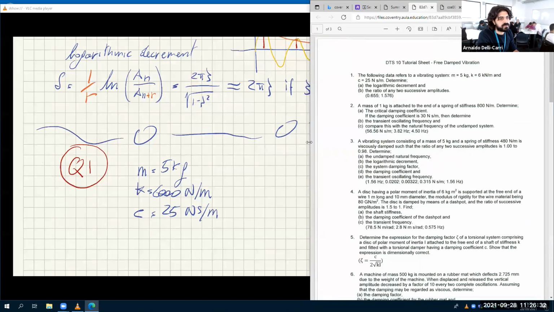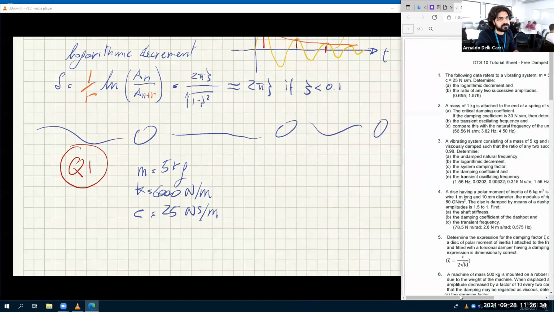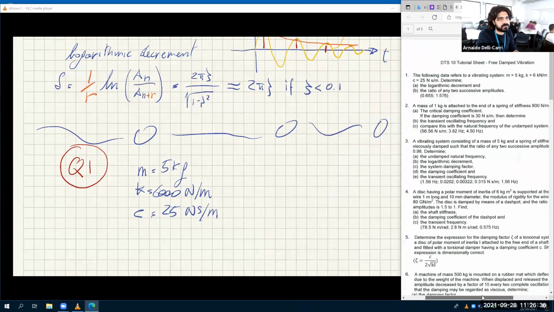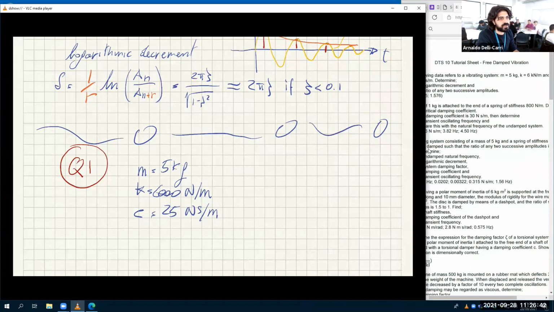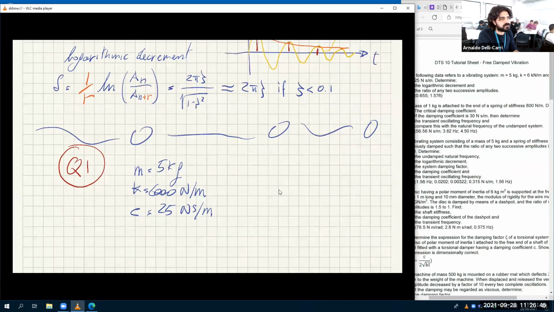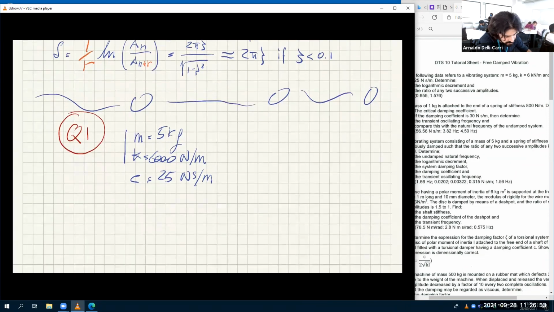Let me put this here smaller. So what we have is C and C critical. First of all, from M and K, we can find omega n.